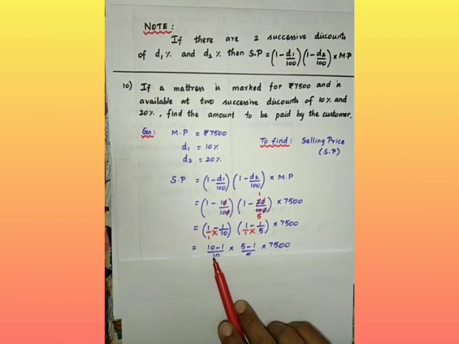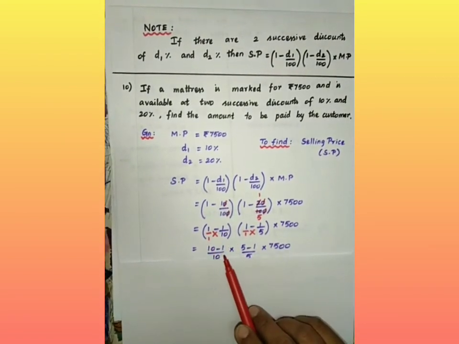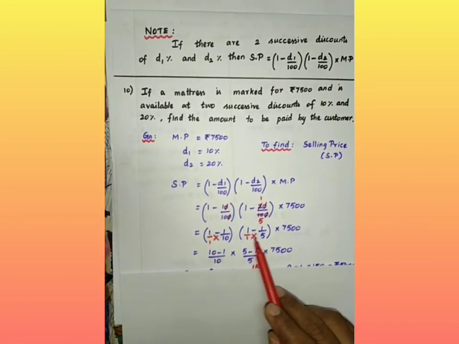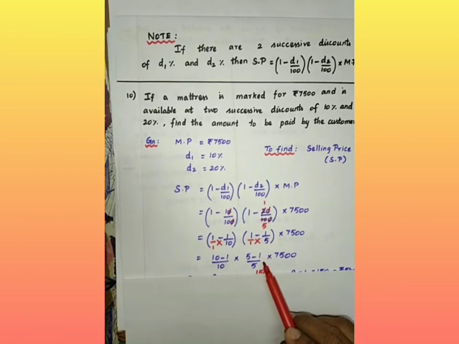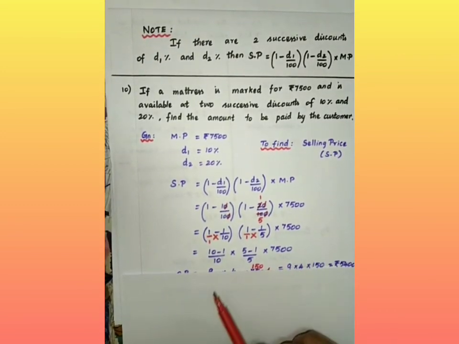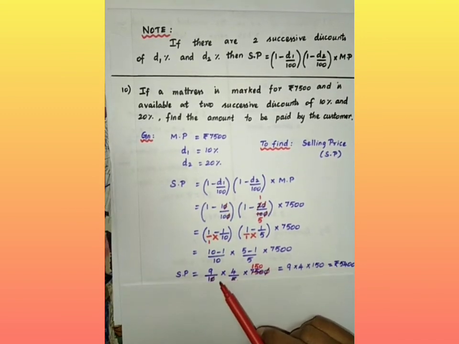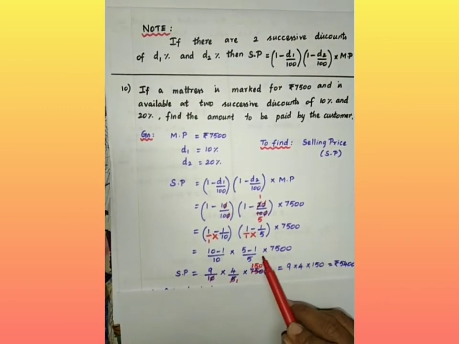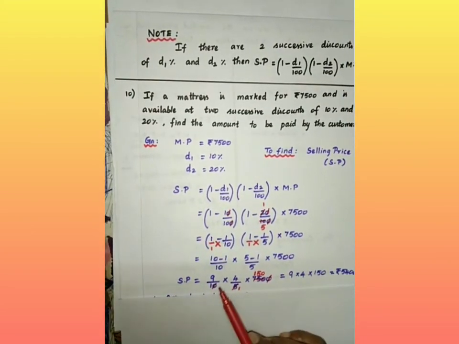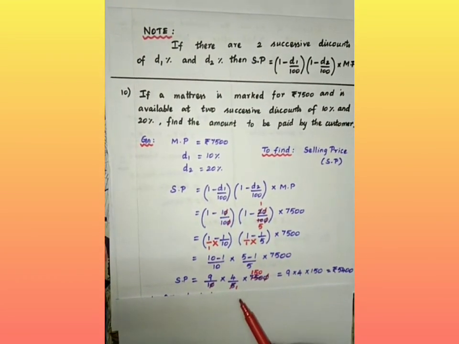So 10 into 1 is 10 minus 1 into 1 is 1, divided by 10, and 5 into 1 is 5 minus 1 into 1 is 1, divided by 5, into 7,500. 10 minus 1 is 9 by 10 into 5 minus 1 is 4 by 5 into 7,500. 1 zero we have cancelled.